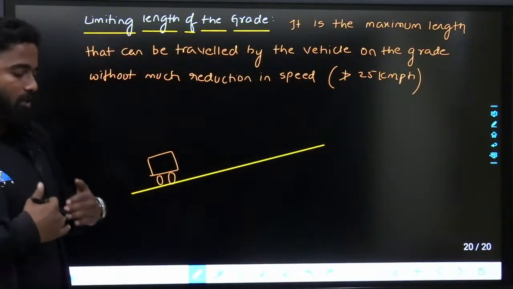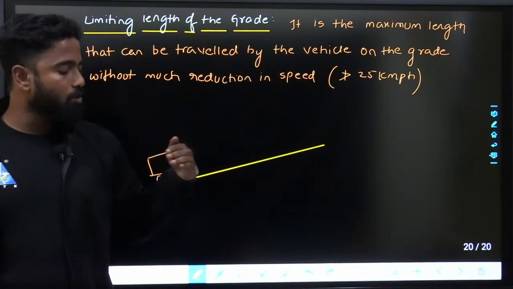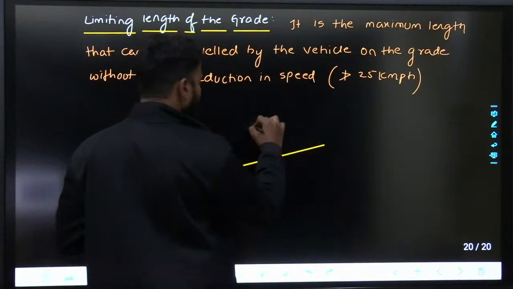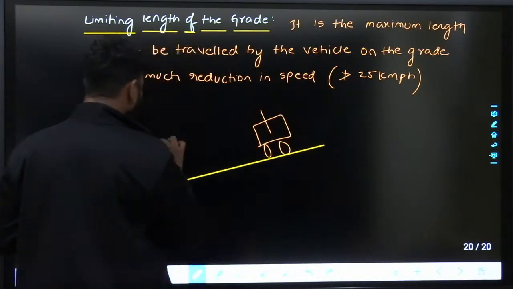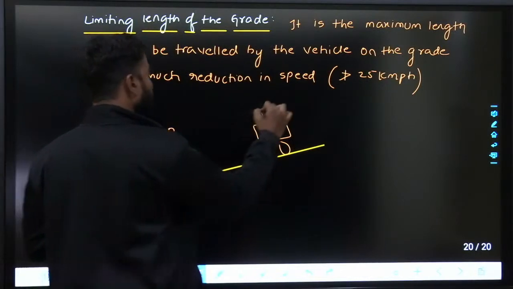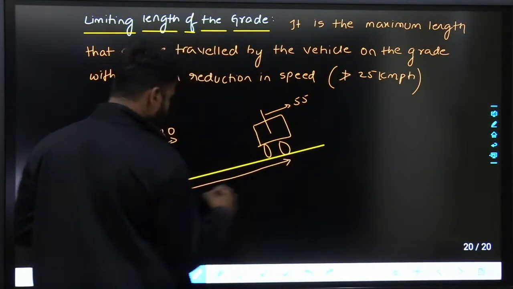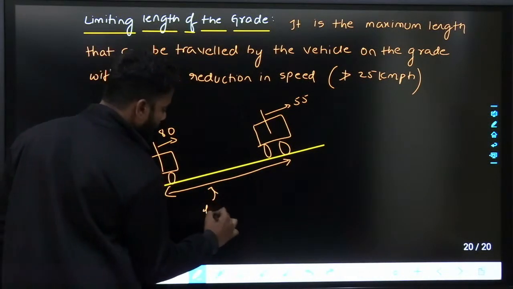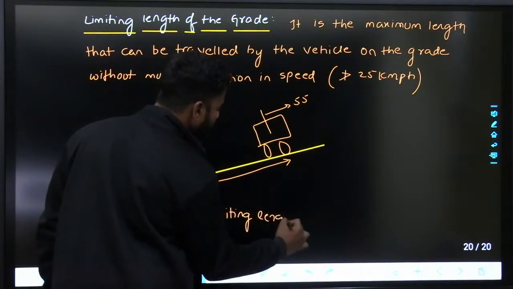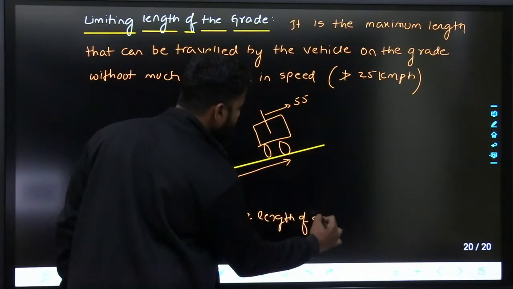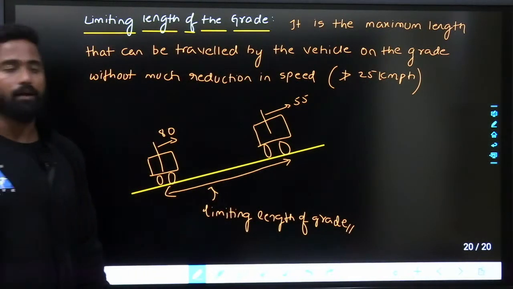That means if you start with 80, 80 minus 25 is 55. So here the speed might be 80 kilometers per hour, here it is 55 kilometers per hour. This length is called the limiting length of grade. In simple words, this is the limiting length of the grade.